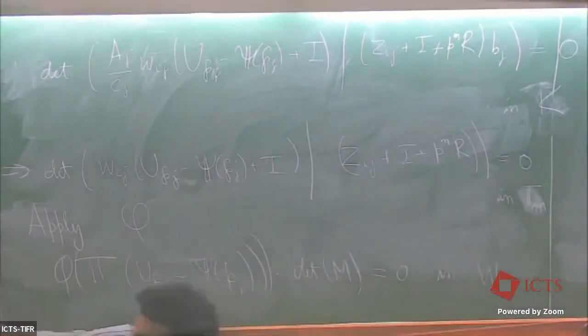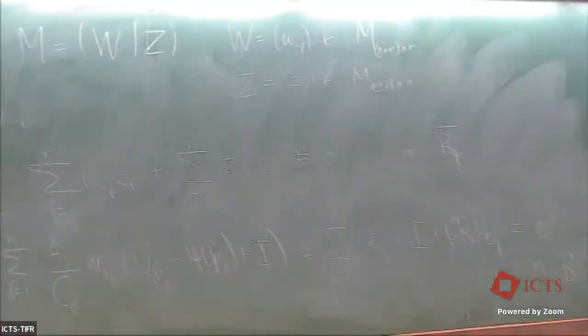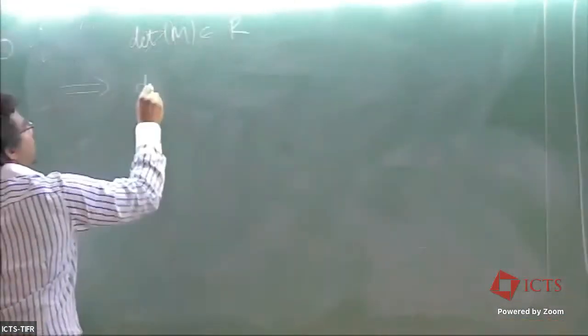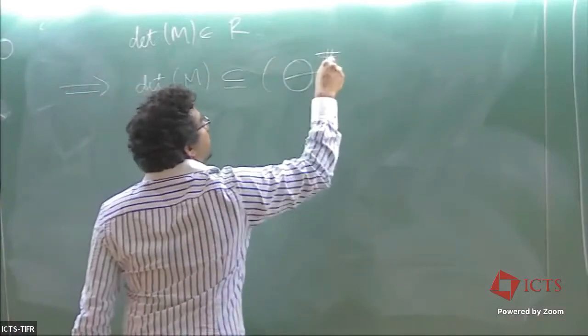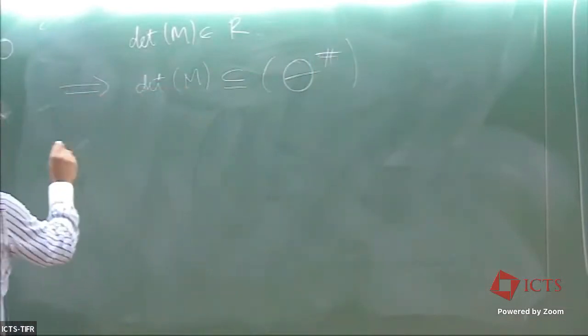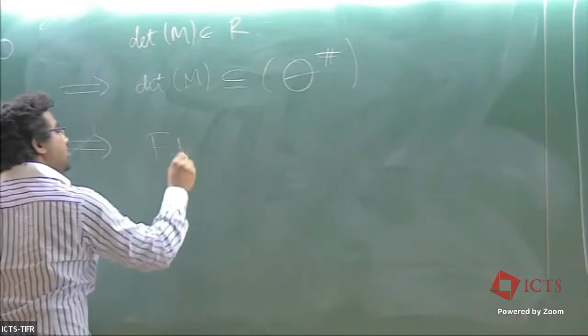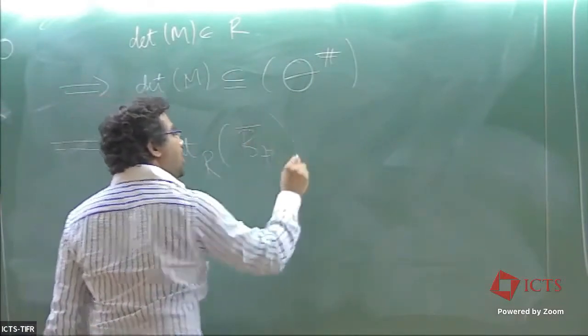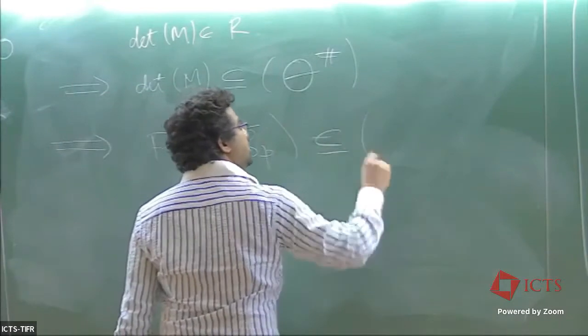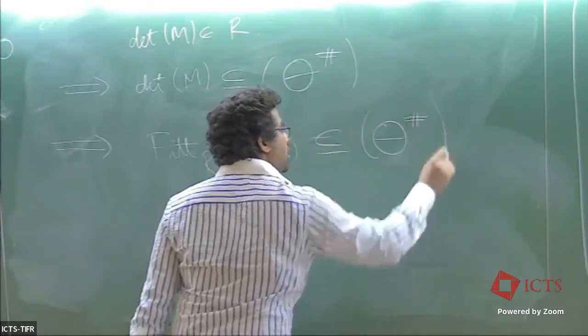So that theorem there implies that the determinant of M is contained in this, and so this implies that the fitting ideal over R of B_P bar is contained in theta hash.